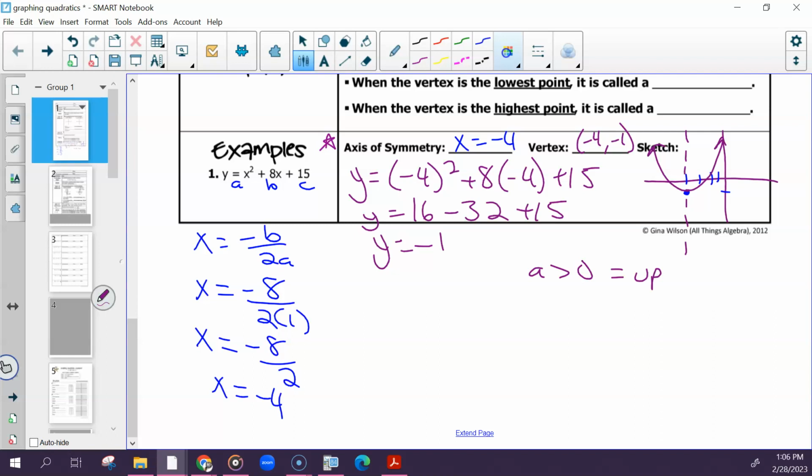Other questions? Not x, the number in front of x squared. Did that answer the question you were about to ask? Other questions before we move on?